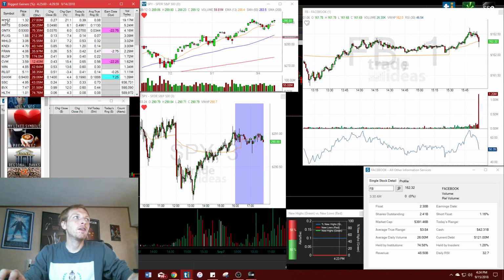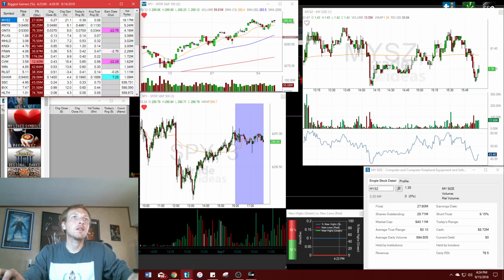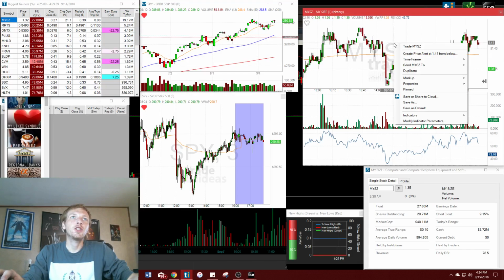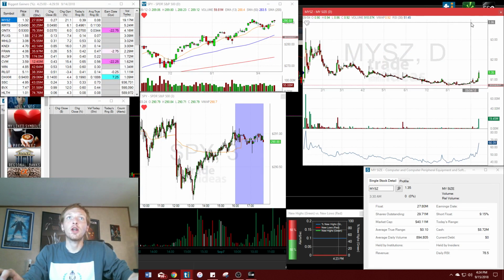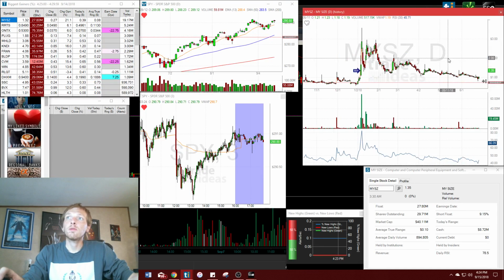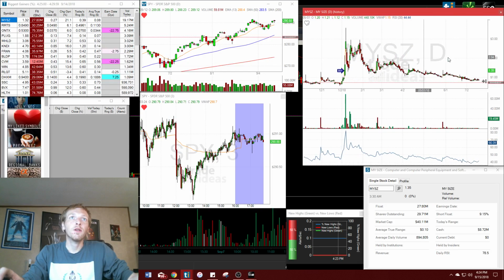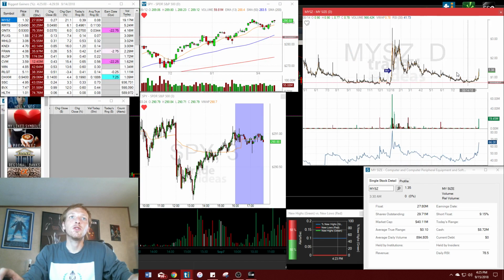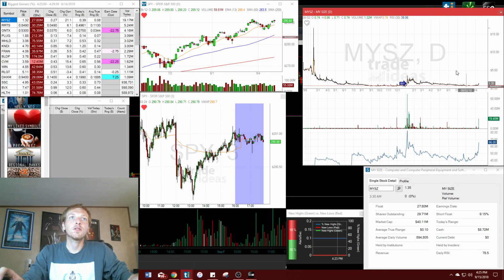So MYSC, if I click on that, I have it synced to this chart, and this chart will pop right up. I can change this chart from an intraday to a daily chart, just like that. I can scroll with the mouse wheel, or if I hold the control button on my keypad and scroll, I can zoom in and zoom out, just like that.